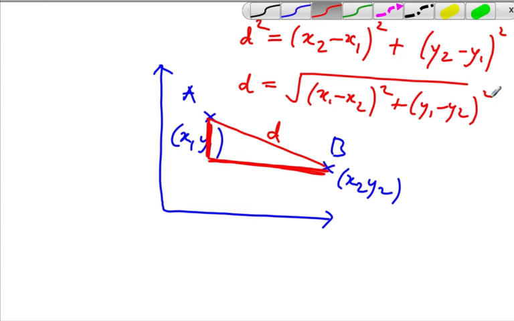Now, why can we write x1 minus x2 or x2 minus x1? Why is it the same thing? We did it the other day. Yeah, I know we did it the other day, but why does it work both ways around? Because you're squaring it.